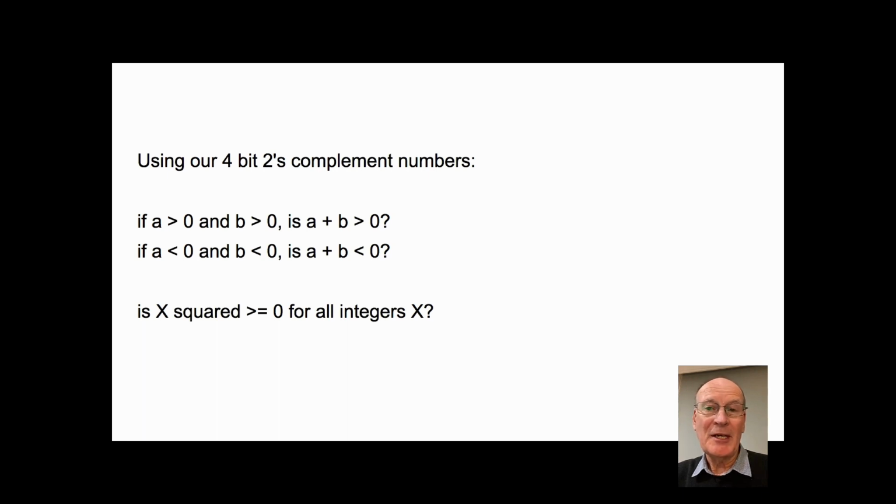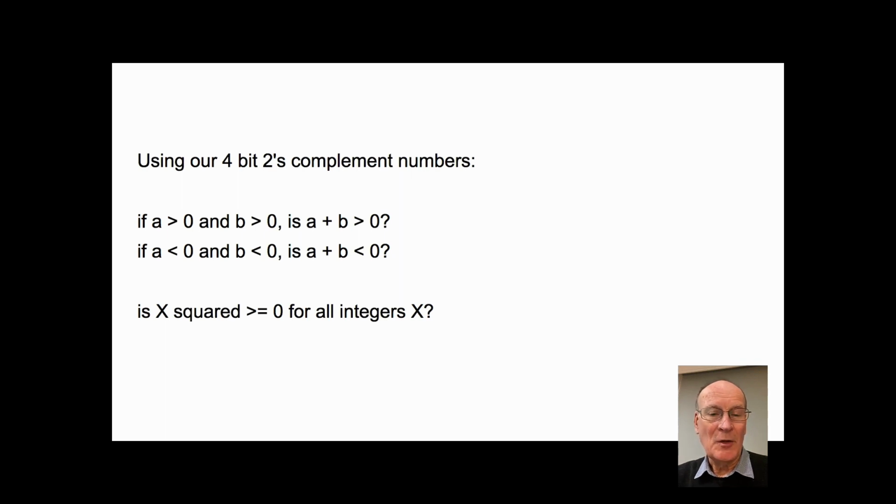Next question, is x squared greater than 0 for all integers x? So take a number on that number circle and square it. Now, we know that if you take any number, positive or negative, in mathematics, and you square it, you get a positive number. But what happens if we do this for our 4-bit 2's complement numbers?